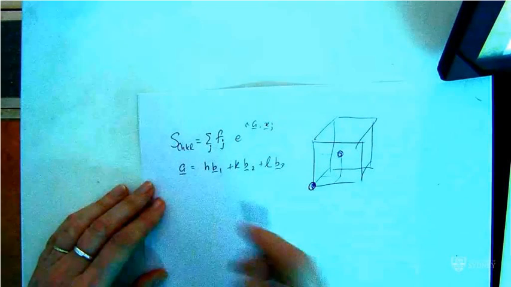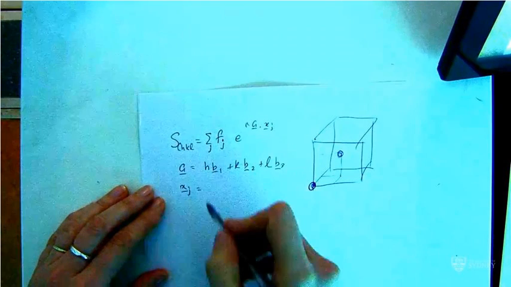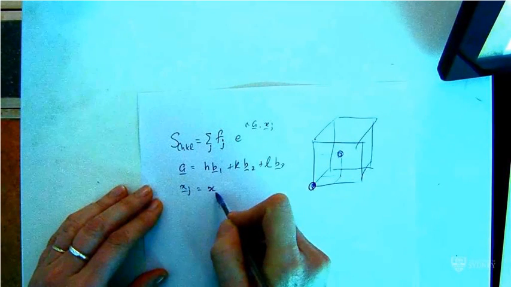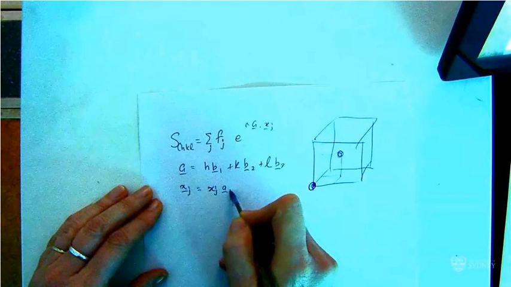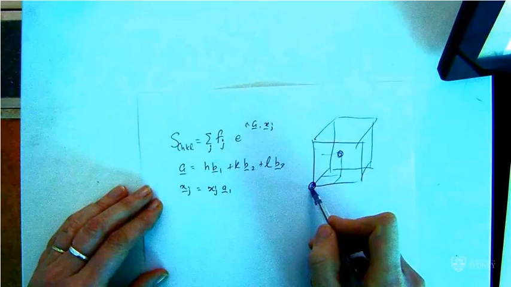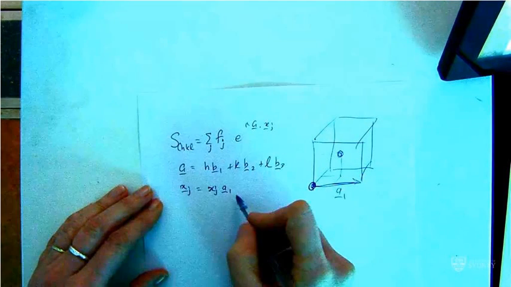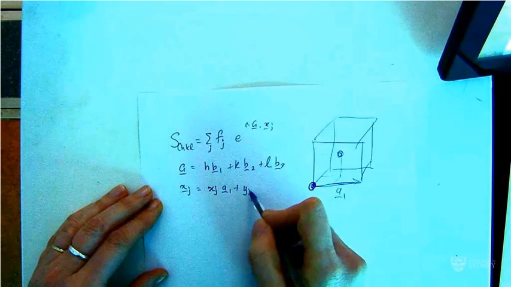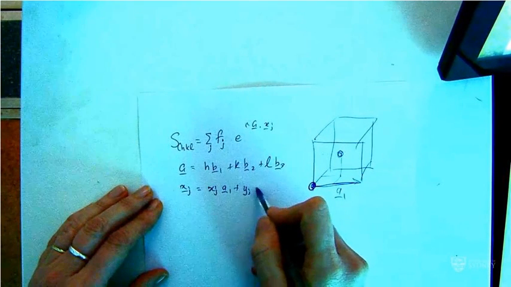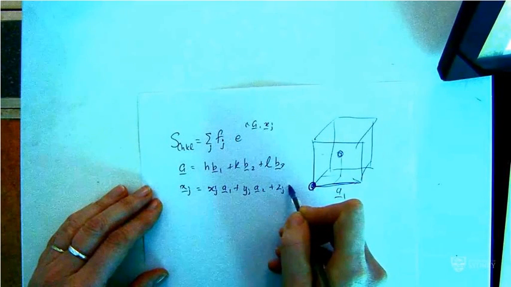So X of j is the x coordinate of atom j times the lattice vector, let's say this is a1, plus y of atom j a2, plus z of atom j a3.